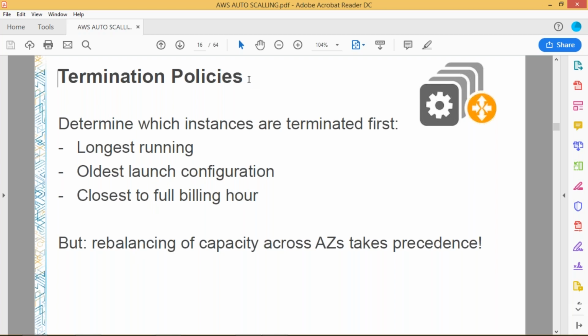You can provide termination policies, for when a failure happens, which instance needs to be terminated first. The longest running instance should be terminated first, the oldest launch configuration is terminated first, or the one closest to the full billing hour is shut down first. You can provide a termination policy at the same time, so it is effectively working on the same.